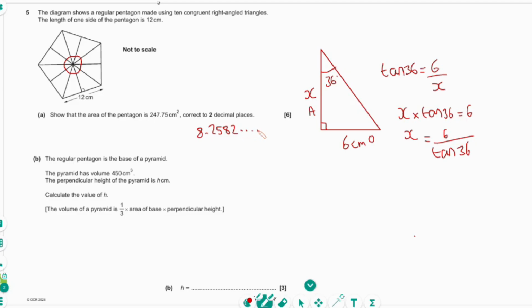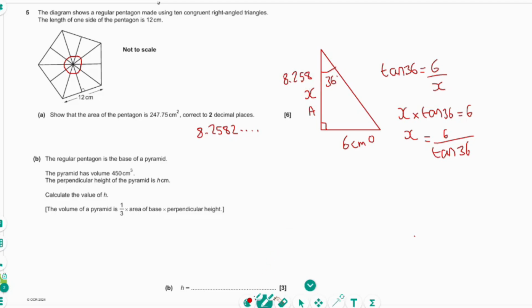I'm not going to times that by 10, because if I times that by 10, I do not get that answer. That's just my missing length, isn't it?